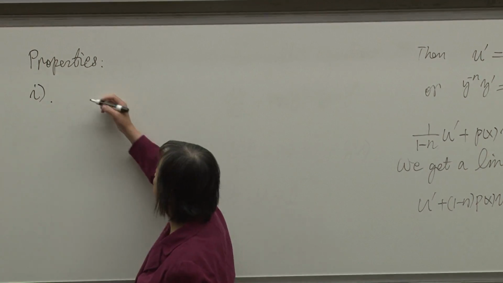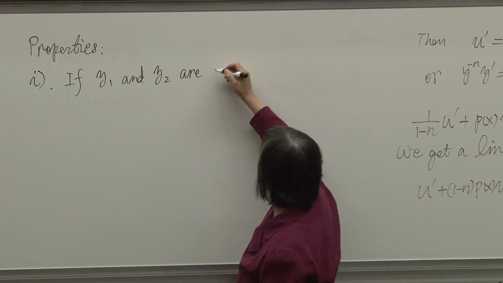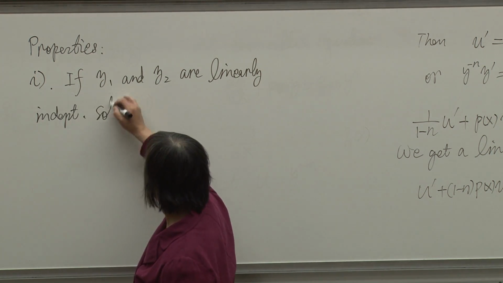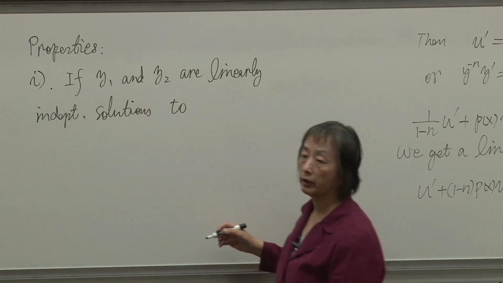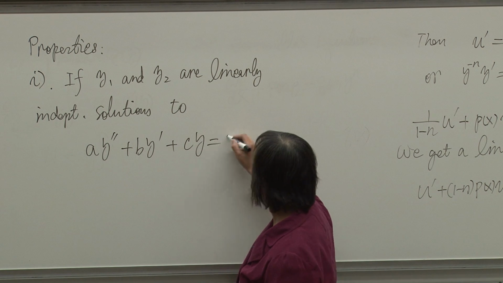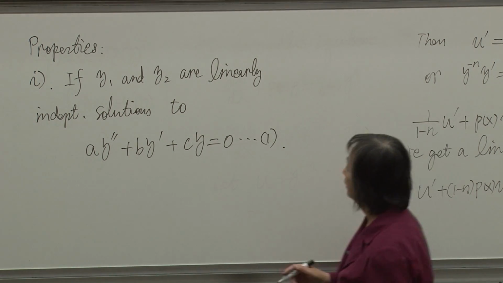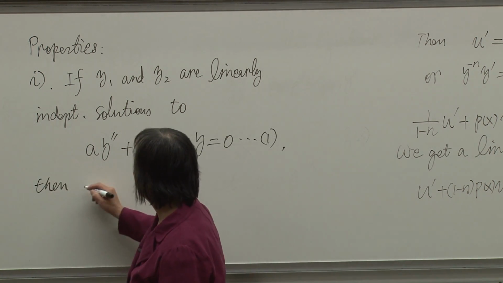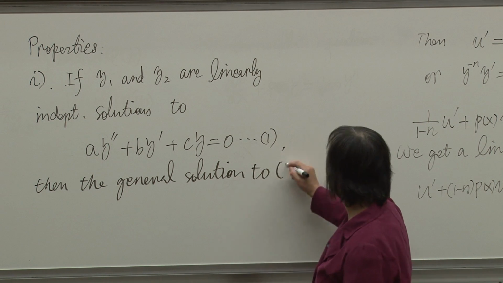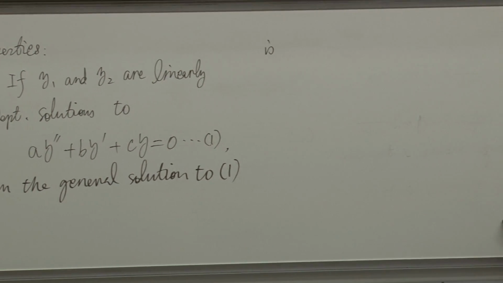The first property says that if y1 and y2 are linearly independent solutions to the following homogeneous equation, a y double prime plus b y prime plus c y equal to 0, which we denote by 1, then the general solution to equation 1 is a linear combination of y1 and y2.